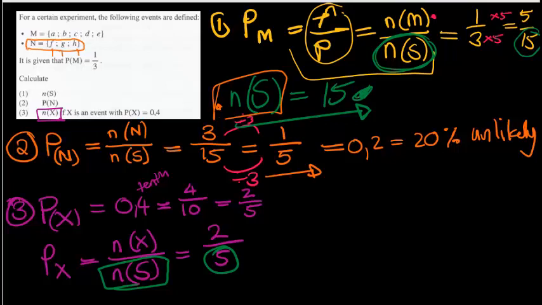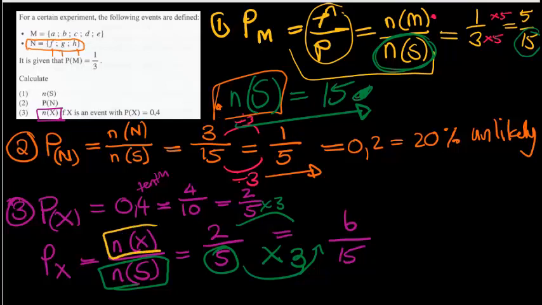So I'm going to multiply by 3 at the bottom, and I'm going to do the same at the top, multiply by 3, in order to make the denominator 15. So that's equal to a denominator of 15. 2 times 3 is 6. Therefore, I now know that the answer for NX is going to be 6. And this is true because the bottom matches the NS that I calculated before. So to answer the question, the number of items in X is 6.